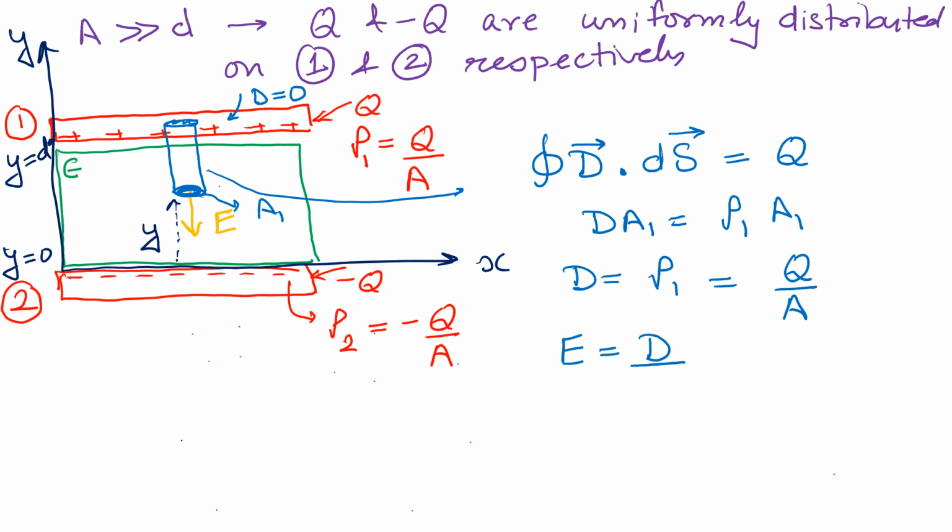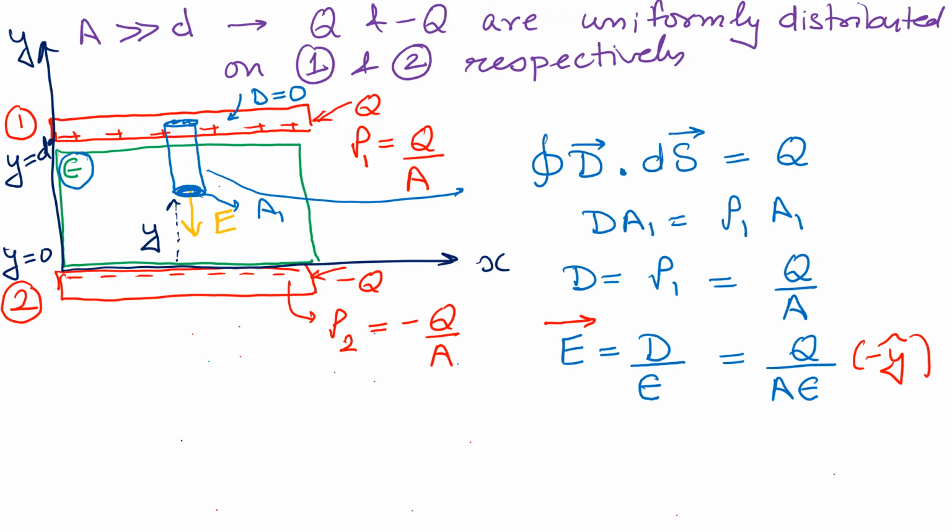E is simply D related by the epsilon at that point, and the material we have is epsilon. So this just becomes D by epsilon, or Q by A epsilon. And by inspection, we know D should be pointing from plus to minus, and in our coordinate system, E should be pointing in the minus y direction. So that allows me to calculate the E very, very quickly.